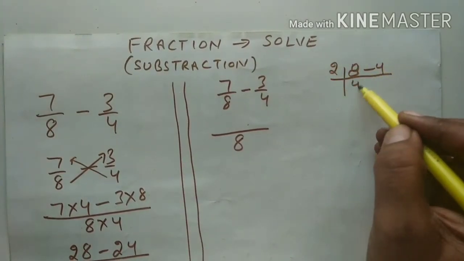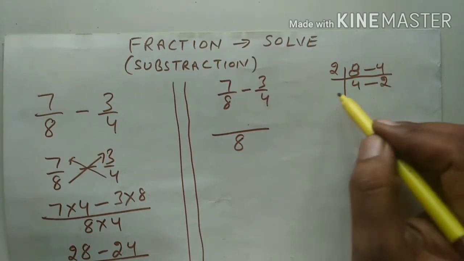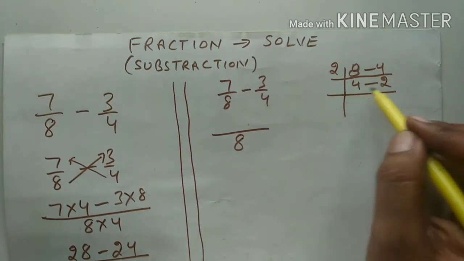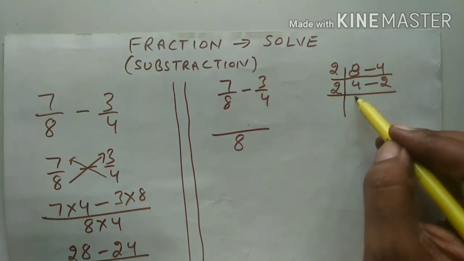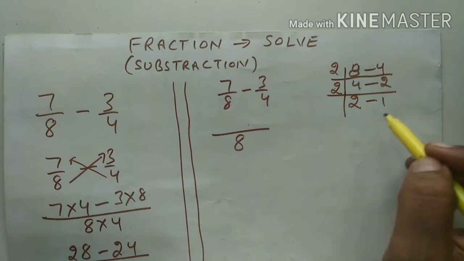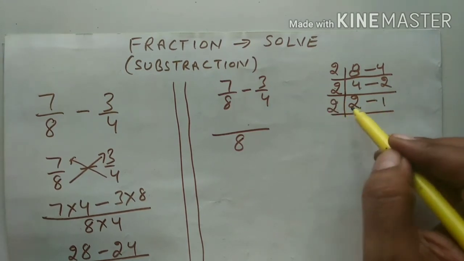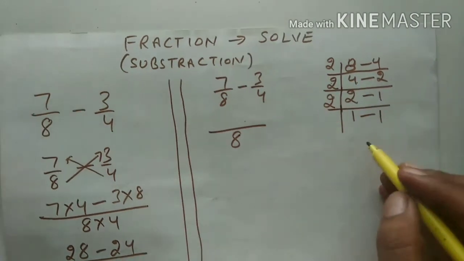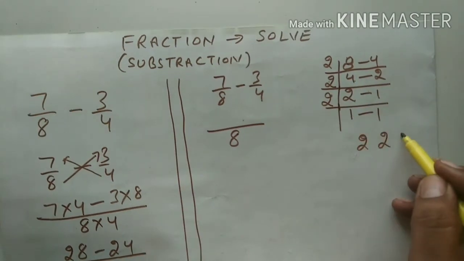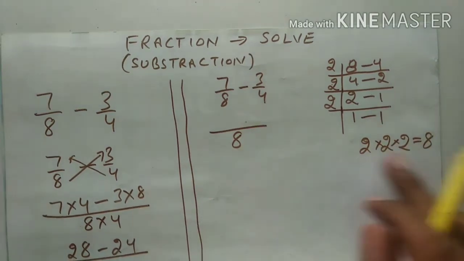Now 2 fours are 8, divided by 2, that is 4, and 4 divided by 2, that is 2. Now both are again divisible by 2. Now 4 divided by 2, that is 2, and 2 divided by 2, that is 1. Okay, now again table of 2, 2 divided by 2, that is 1, and 1 is there. Now you can see 2, 2, 2. What is the LCM? The LCM is the same here, 8.